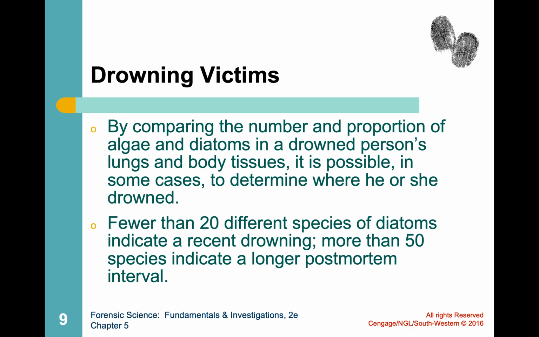What they did was take the mud from the shoes and analyze it, and they found 14 out of 15 diatoms present in that sample on all three sets of shoes, the two victims and the one suspect.